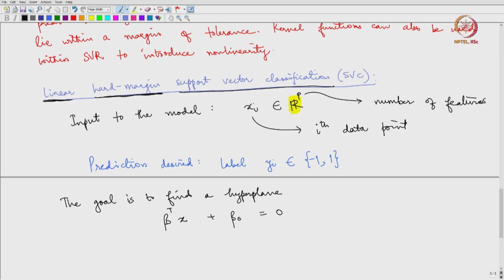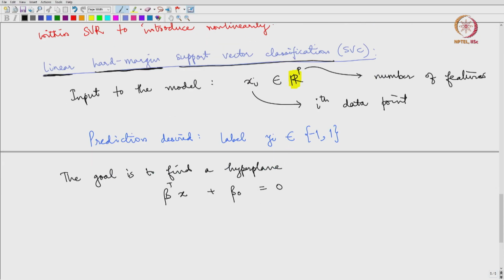That is the hyperplane we are looking at, and as used in the notation with linear regression, beta naught is basically a constant, but beta transpose is a vector of weights, right.